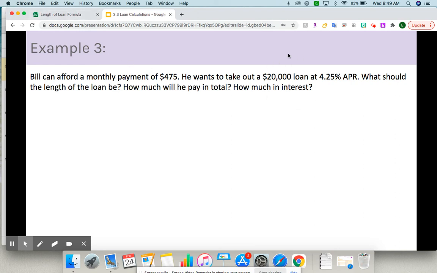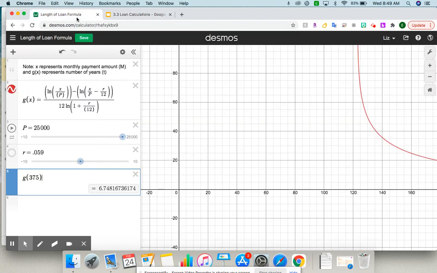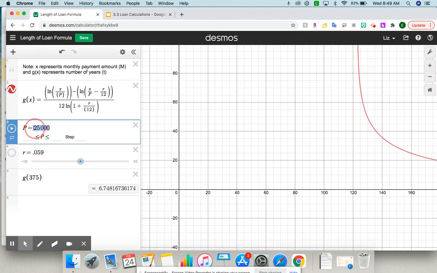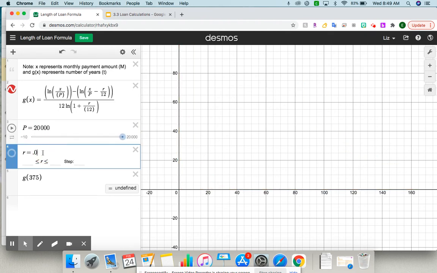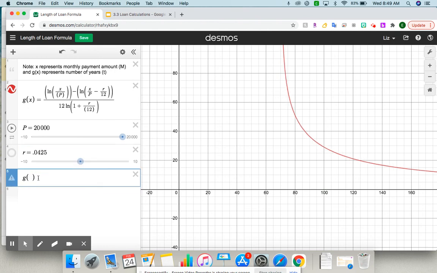So our principal, or P, is 20,000, R is 0.0425, and our X value would be 475. So notice it would take him about 3.8 years to pay off this loan.